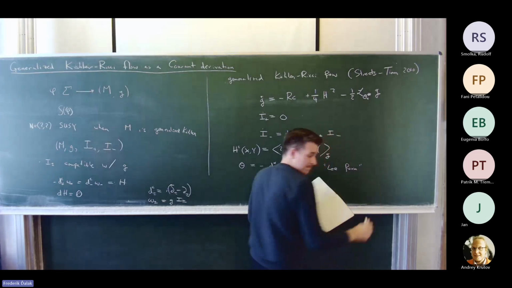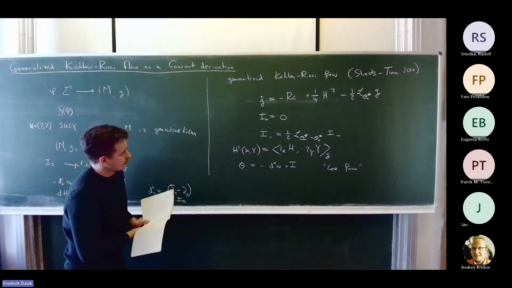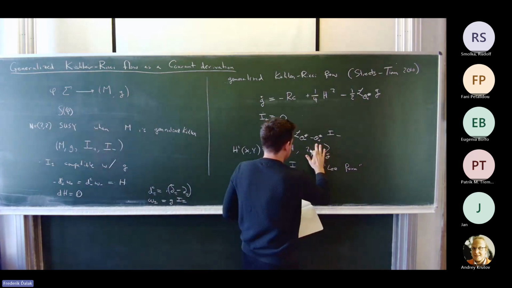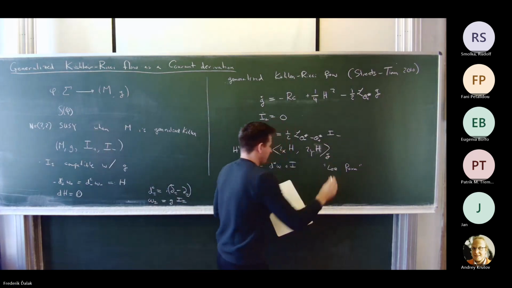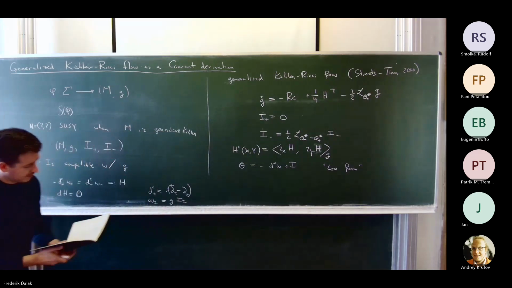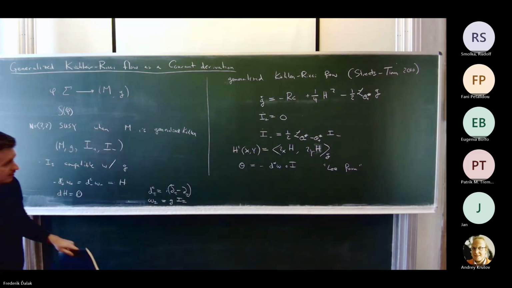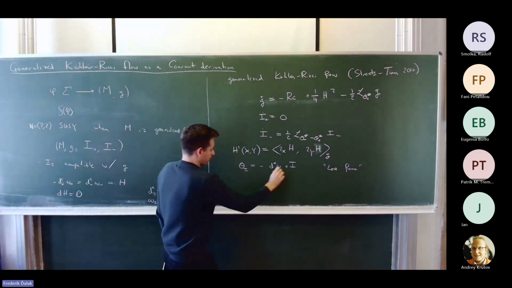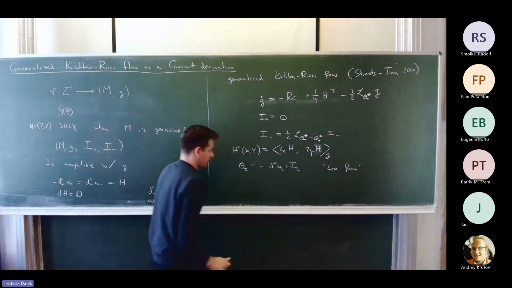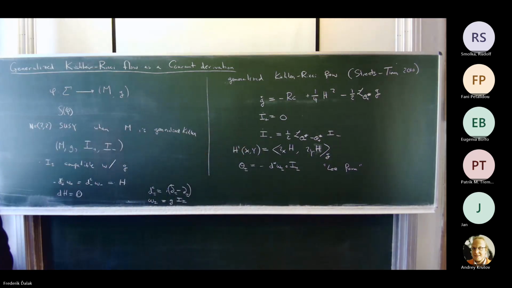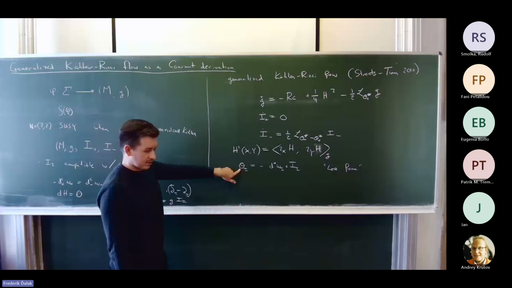So probably the second one is also an H, right? Oh yeah, thank you. And of course, there's two of them coming from a pair of complex structures. By sharp, you mean raising the index? That's right.